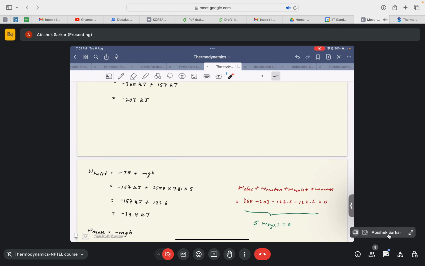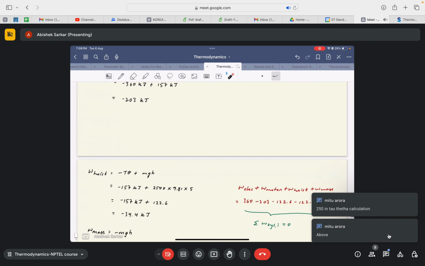Oh, 2500 is the mass of the weight that it is lifting. 2500, 2.5 tons, to 2500 kg. Is that clear? In the tau theta calculation above.